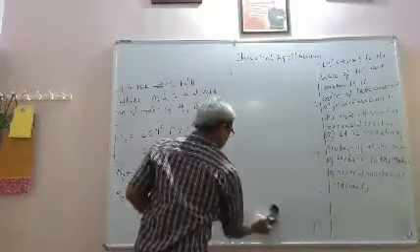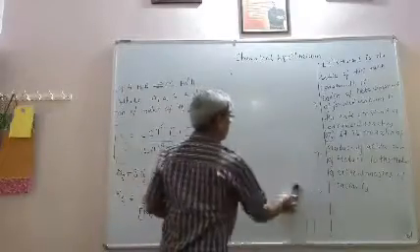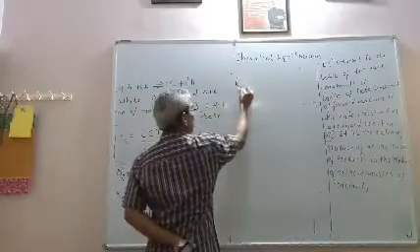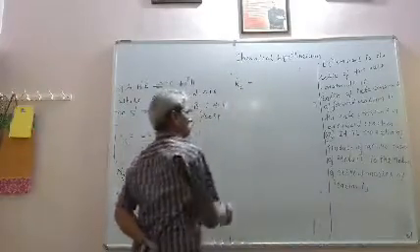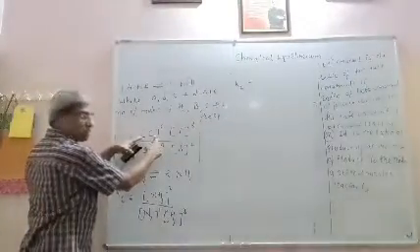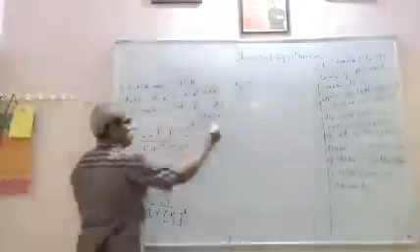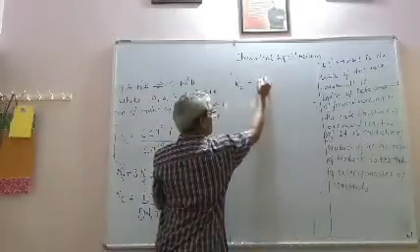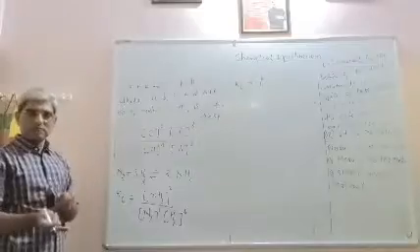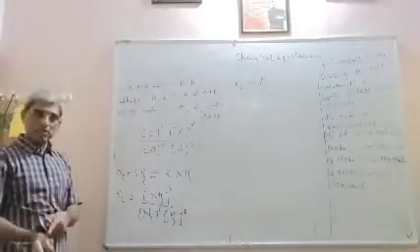Therefore, we can write equilibrium constant for gaseous reaction Kc equal to, instead of writing this active mass molar concentration, we will write P, because molar concentration is expressed in terms of pressure.